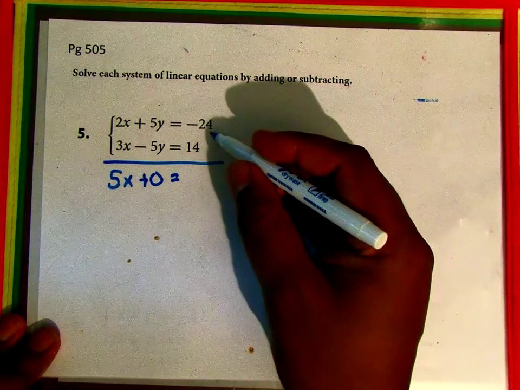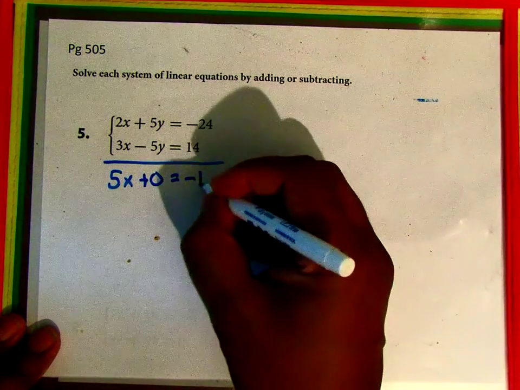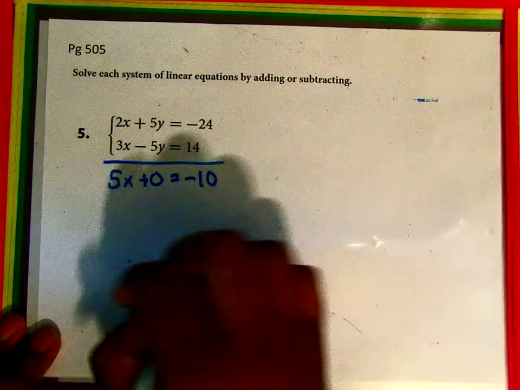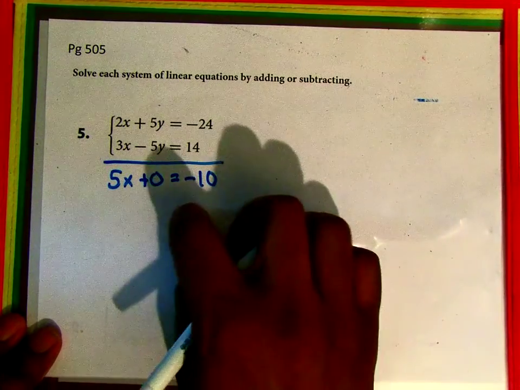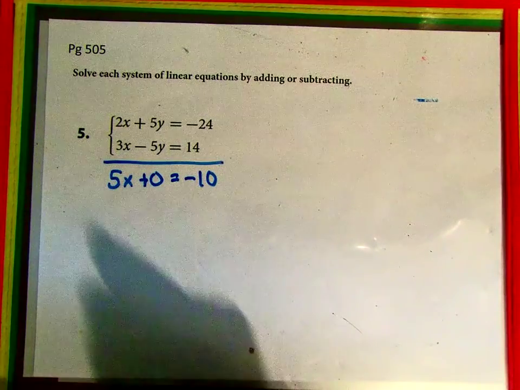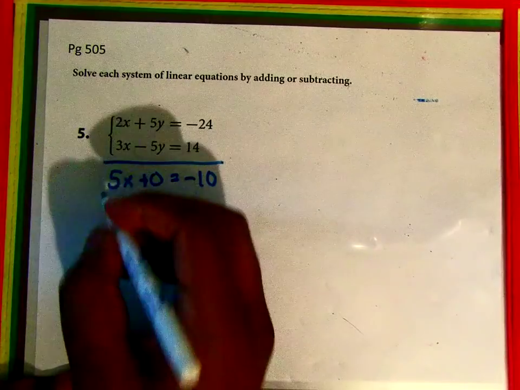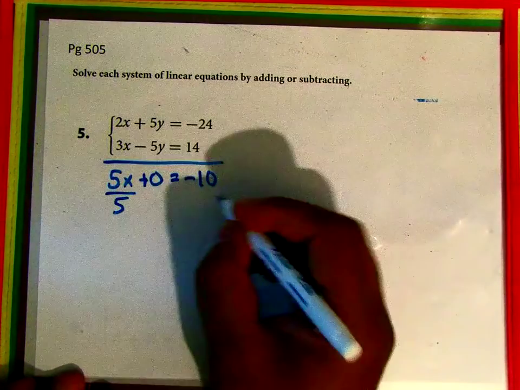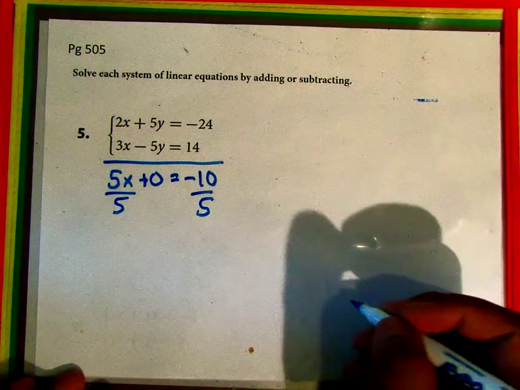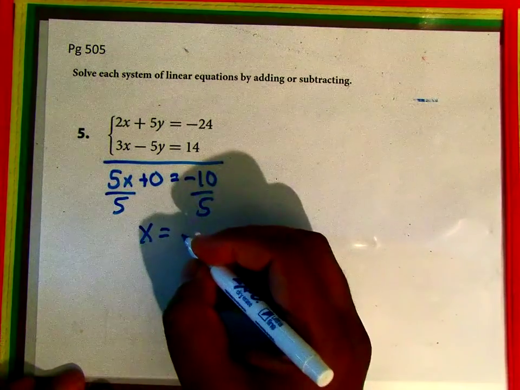And negative 24 plus positive 14 is going to be negative 10. Alright, so that's just going to leave me 5x equal to negative 10. So I can go ahead and divide by 5. And that's going to leave me with x is equal to negative 2.